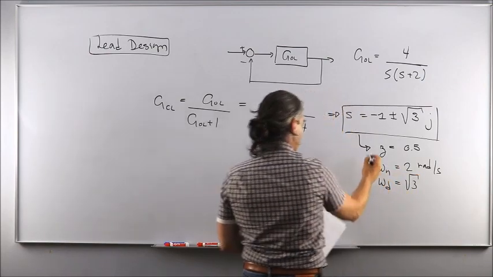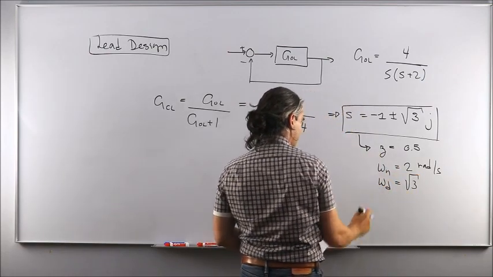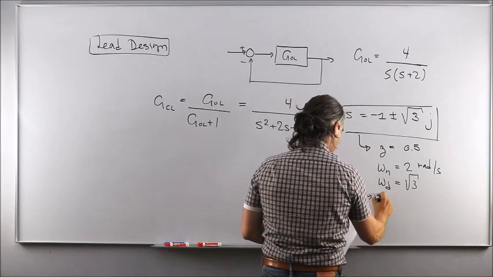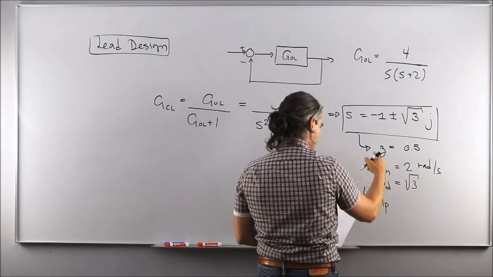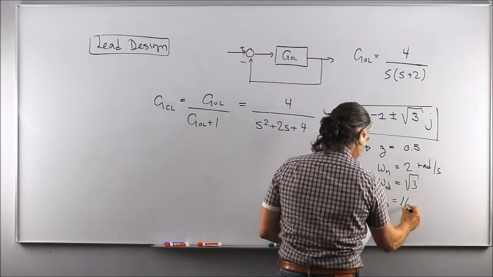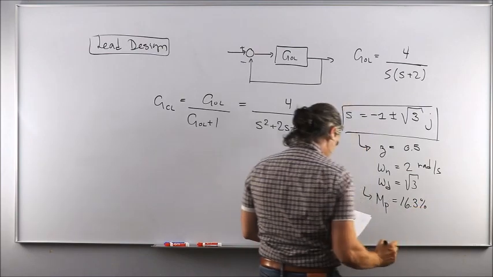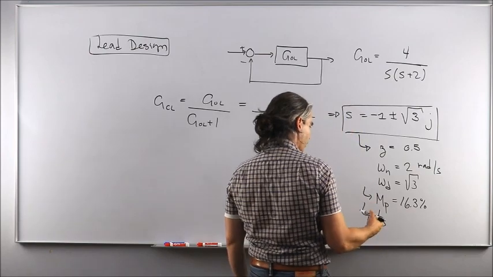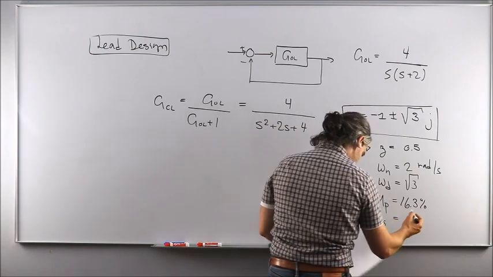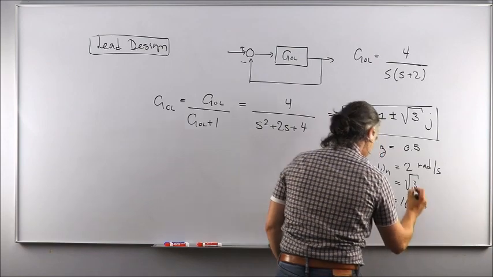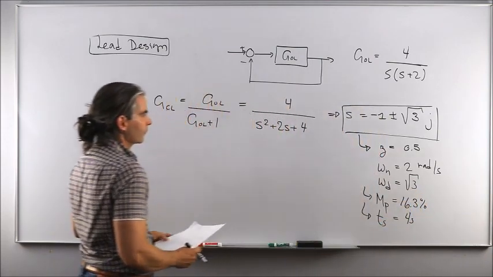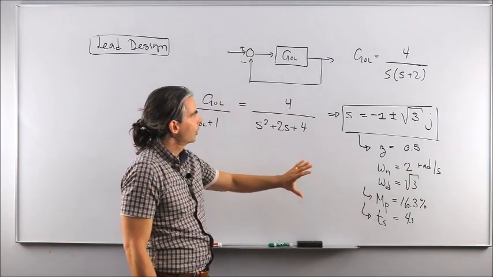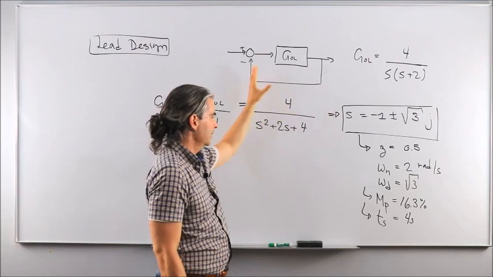And based on those three characteristics, zeta, omega n, and omega d, we can determine that our maximum overshoot, which only depends on zeta, by the way, is going to be equal to 16.3%. And our Ts, which is 3.9 over zeta omega n, is going to be equal to 4 seconds. Okay, so these are the current closed loop characteristics in terms of transient performance.